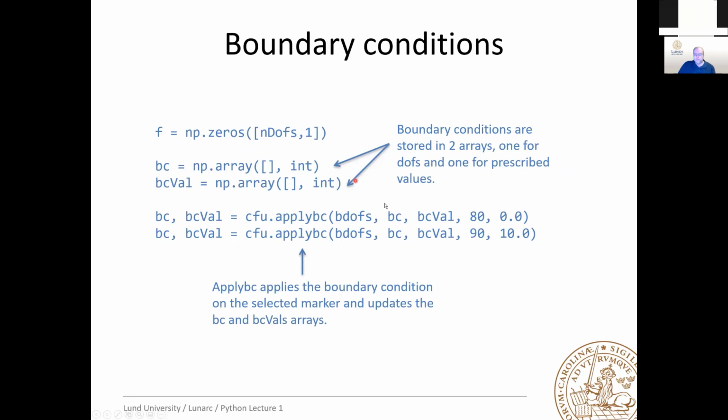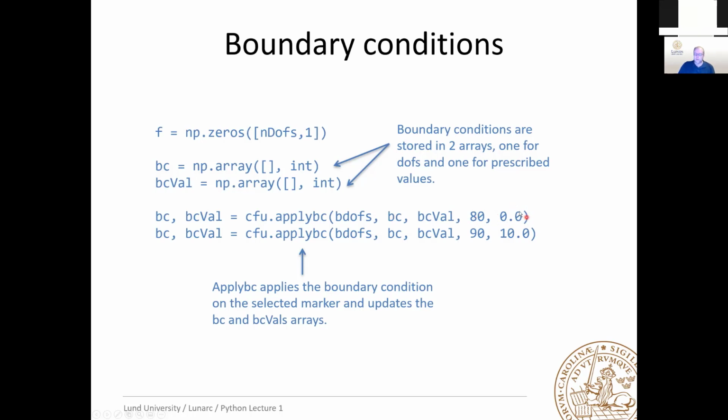Boundary conditions, here is where the markers come in. So we need to create the force vector, and then we have to create two vectors for the boundary conditions: one to specify which boundary conditions to set, and then a vector for the values to set on that boundary condition. And then we do BC val. So here we apply the boundary condition; we have to specify as input the BC val, and here is the marker that we want to apply this boundary condition to.